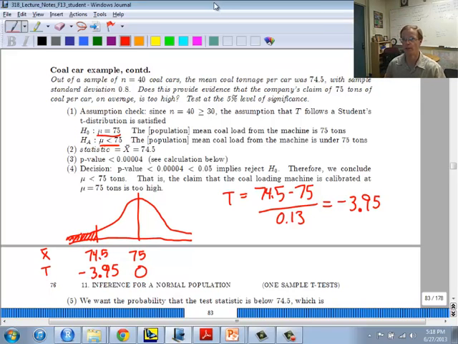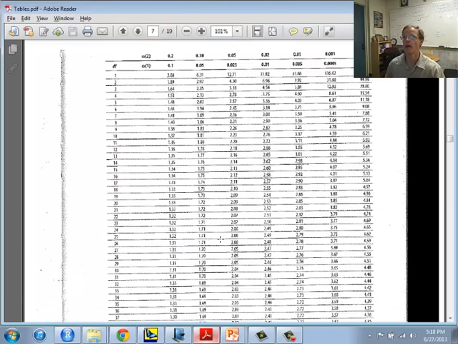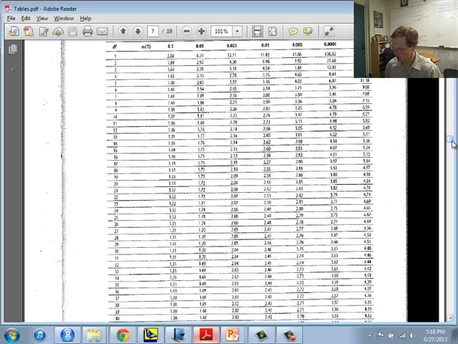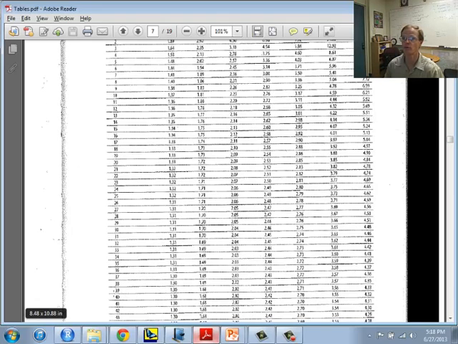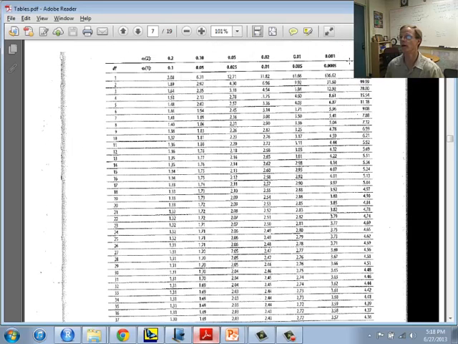So we're going to look that up on the t table. Let's see, minus 3.95. We're in this 40 row, and on the t table we can't actually look it up. What we can do is see it's between these two numbers, which is going to tell me my p-value is in this range right here, between 0.001 and 0.0001.